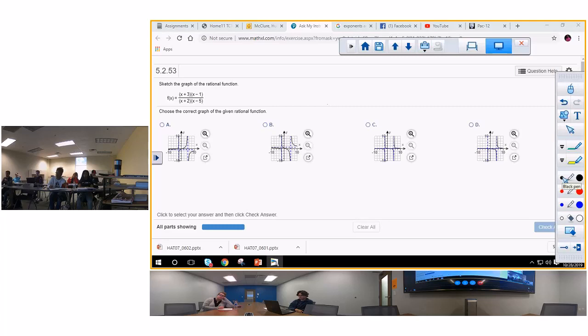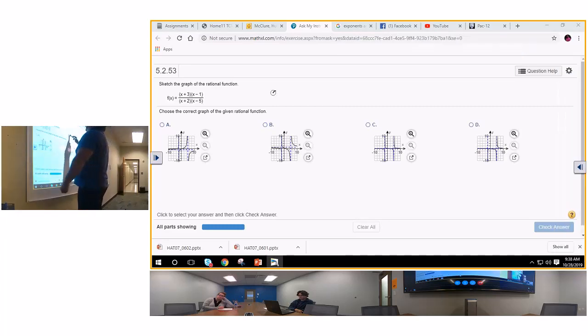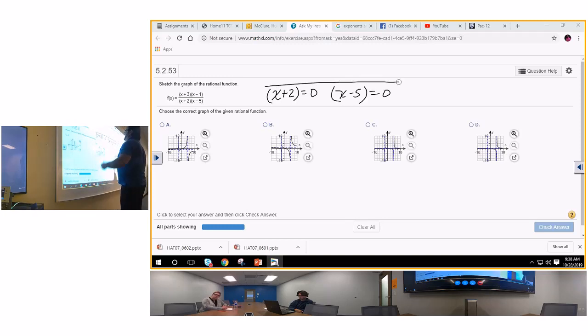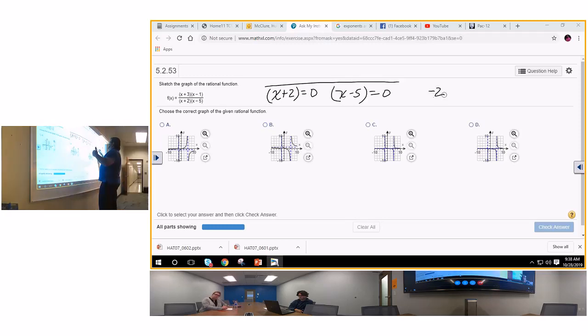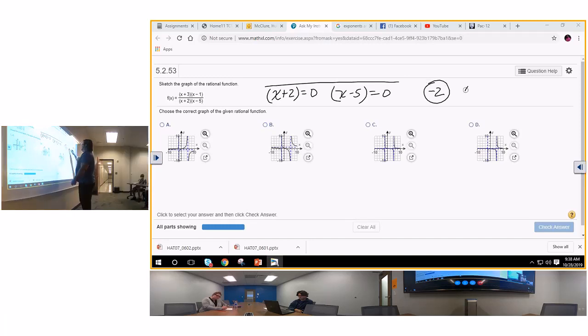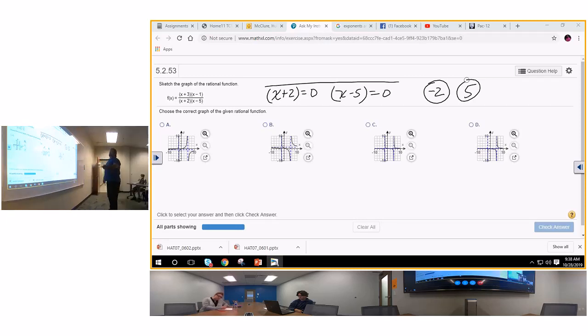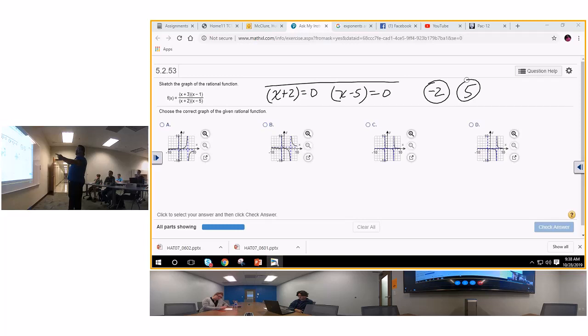So let's look at that. x plus 2 equals 0, and x minus 5 is equal to 0. So therefore, we know that we can't have -2, that's one vertical asymptote, and positive what? 5. So it looks like to me, we've got a -2 and a positive 5 at each one of these, right? Okay, so that takes care of that.